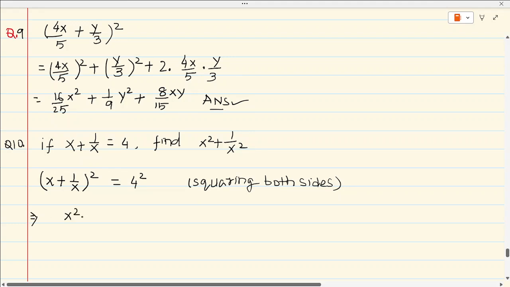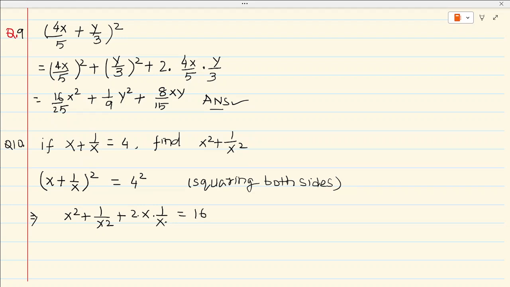We will get x square plus 1 upon x square plus 2, by applying the a plus b whole square formula, is equal to 16. What we can see, x cancelled, so we can find out x square plus 1 upon x square is equal to 16 minus 2. So x square plus 1 upon x square is equal to 14. So this is the answer for question number 10.